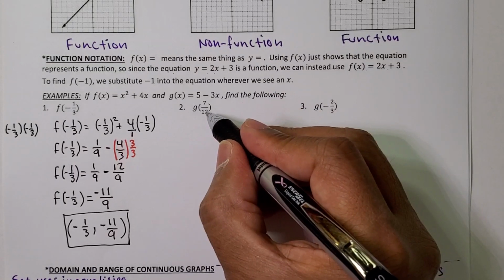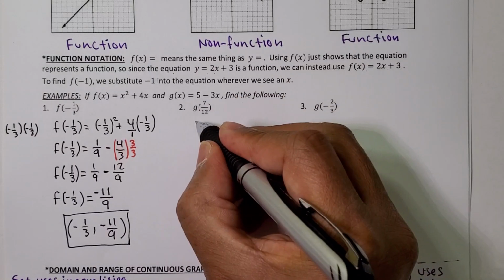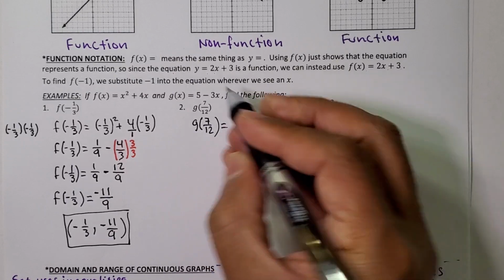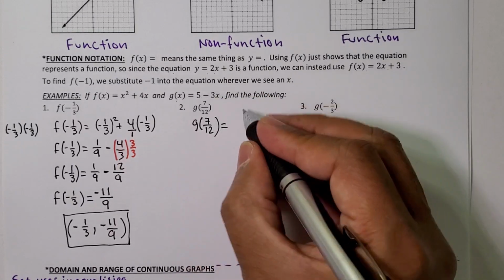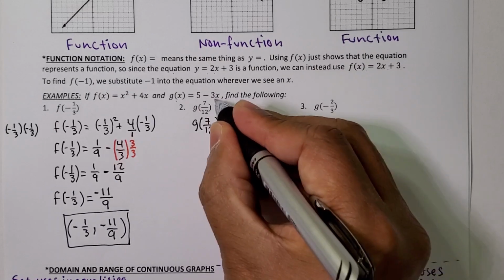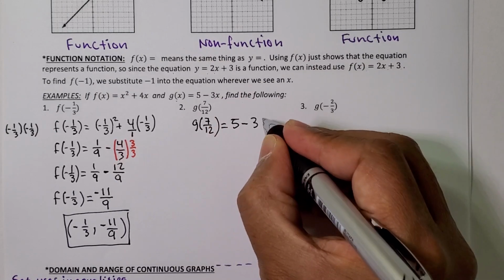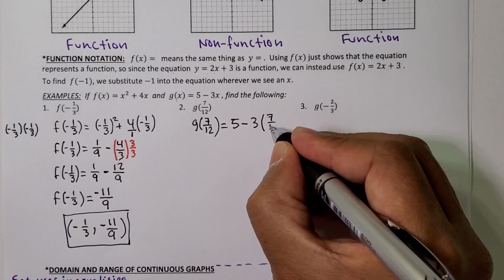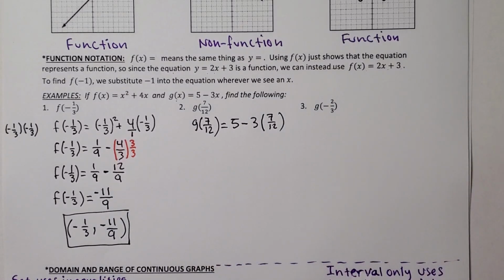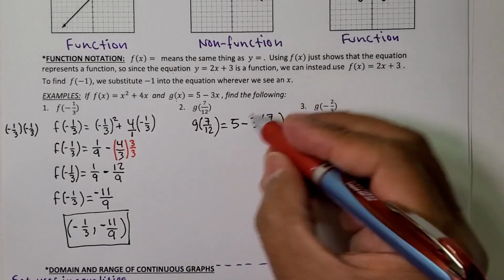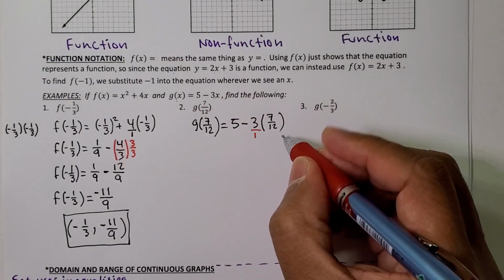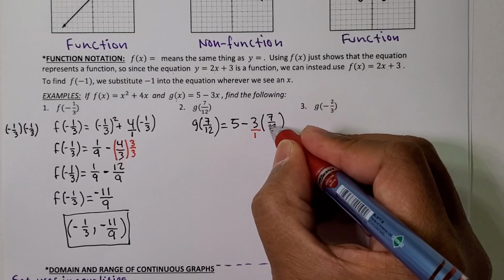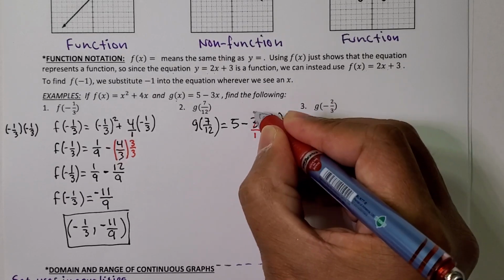So this is for g of x, so g of 7/12. So that's this function, so it's going to be 5 minus, I have a 3 in front of the x, so 3, and instead of x, inside of the parentheses, it's going to be 7/12. Okay, and again, I'm going to write a 1 under this 3, and then, so this would be 3 goes into 12 4 times, so this becomes a 4, and this becomes a 1.